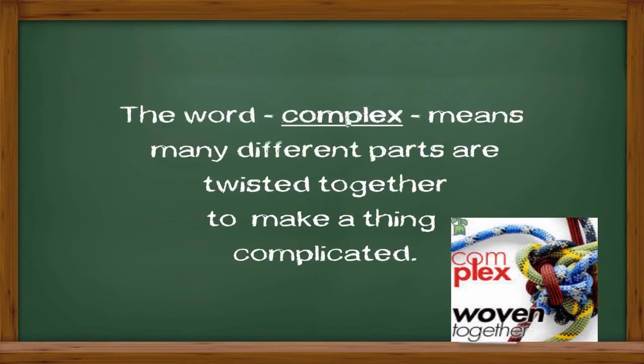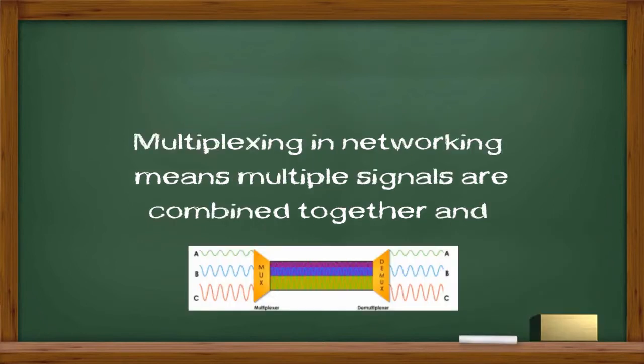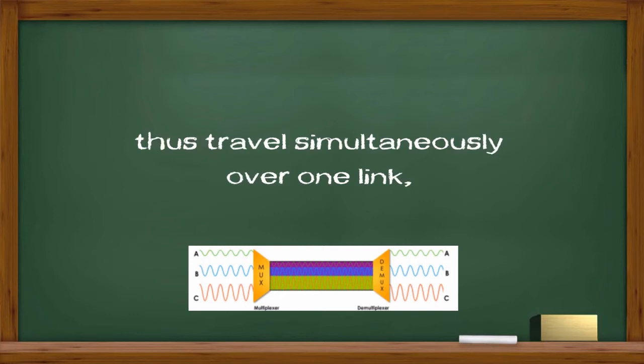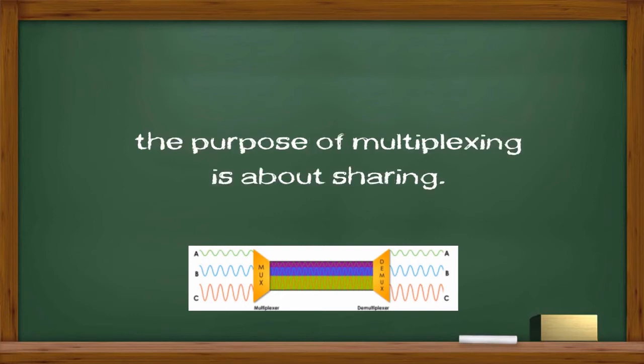For example, the word complex means many different parts are twisted together to make a thing complicated. Multiplexing in network means multiple signals are combined together and thus travel simultaneously over one link. Thus, the purpose of multiplexing is about sharing.